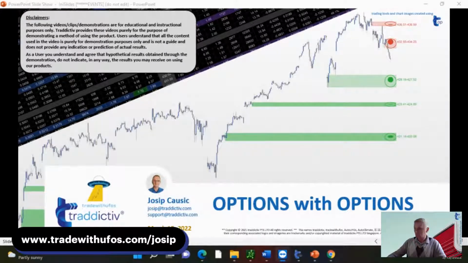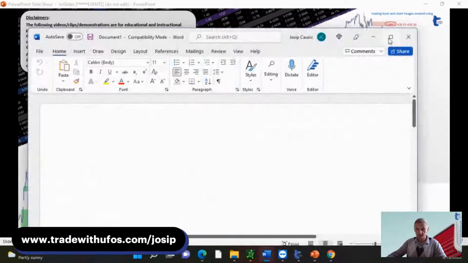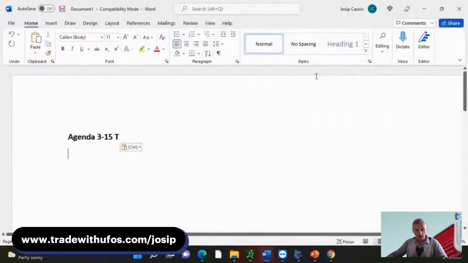So the agenda today is very simple. We are going to go over the big picture of what the market is doing today. After we are done looking at that, we're going to proceed to select the two trades. And I will share with you the Word document here so you will know exactly what I'm doing in terms of agenda for the next hour.